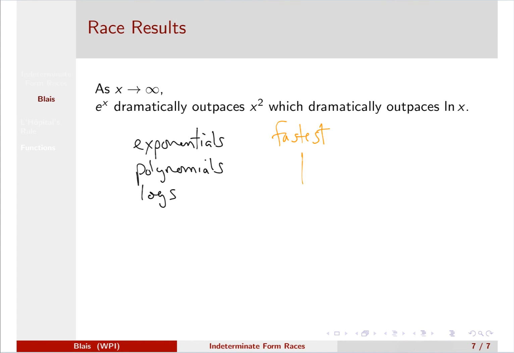So fastest to slowest. And this is something, again, that will become very handy when we are studying the convergence of particularly infinite series. But this is a very nice use of L'Hopital's rule to be able to do these races.